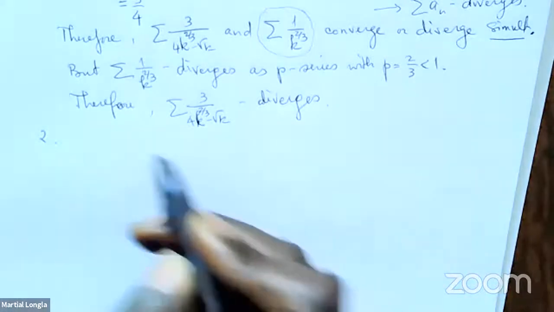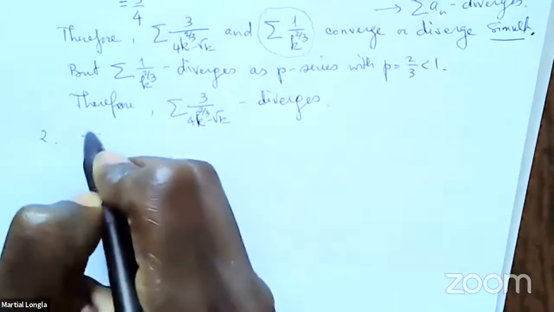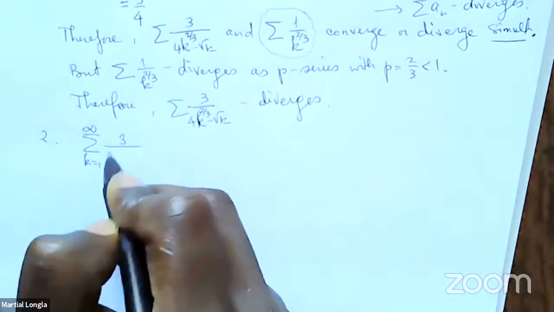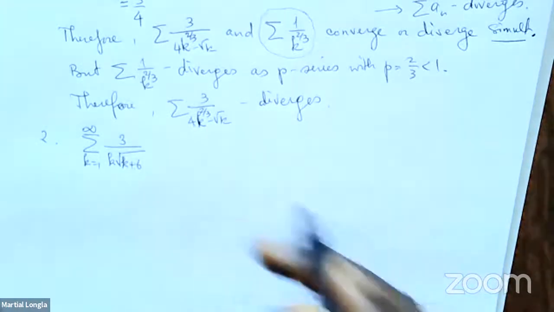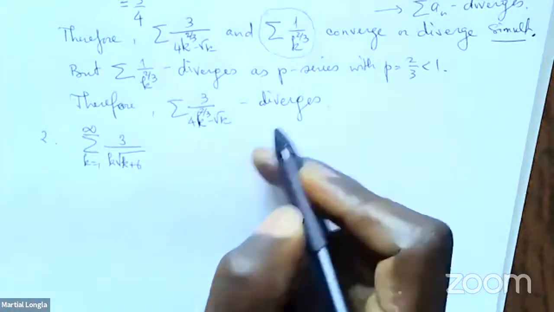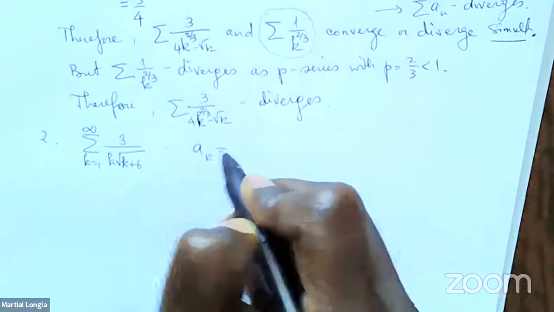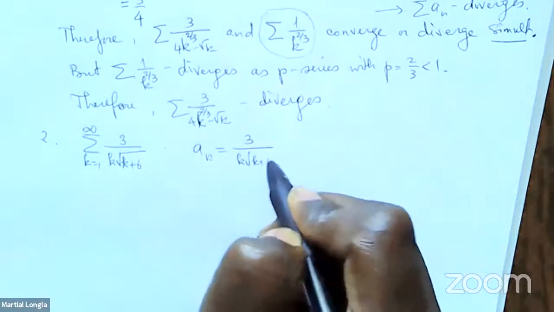So you could have the sum from k equals 1 to infinity of 3 over k square root of k plus 6, and it says limit comparison test. So a_k is 3 over k square root of k plus 6.